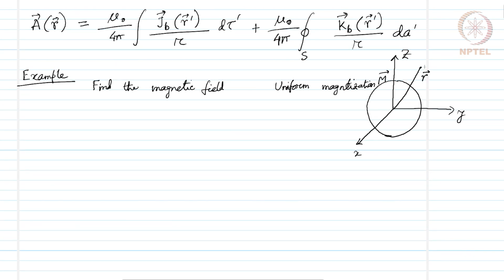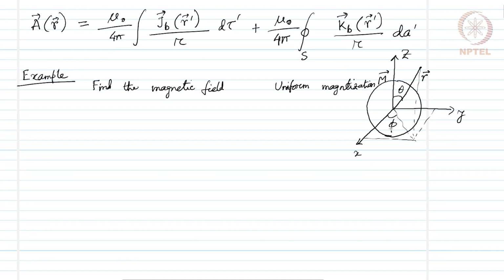This is our point of observation, and this makes an angle theta with the z axis. The projection is here, that makes an angle phi with the x axis, and that's the geometry of the problem.